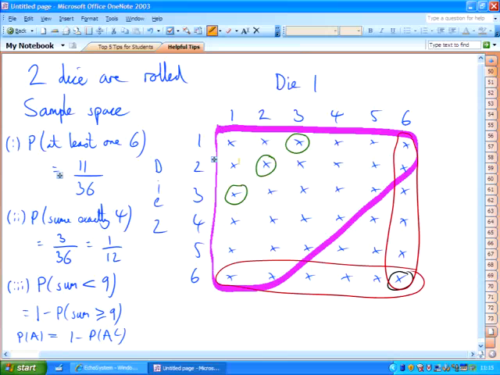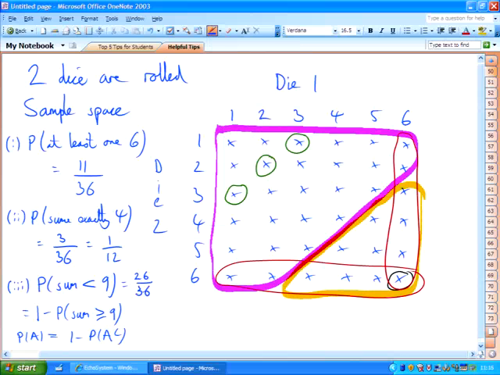Well, it's going to be everything not bounded by that pink line, so namely it's going to be these ones here. So you can work out this probability either way. You'll still get the same answer by looking directly at those whose sum is strictly less than 9, counting up the number of outcomes within that pink boundary, and you should come up with a total of 26.